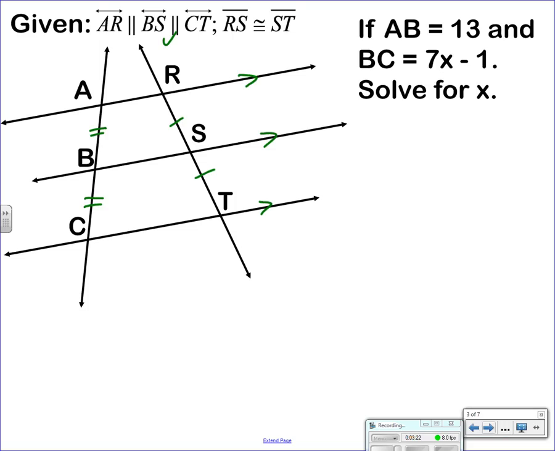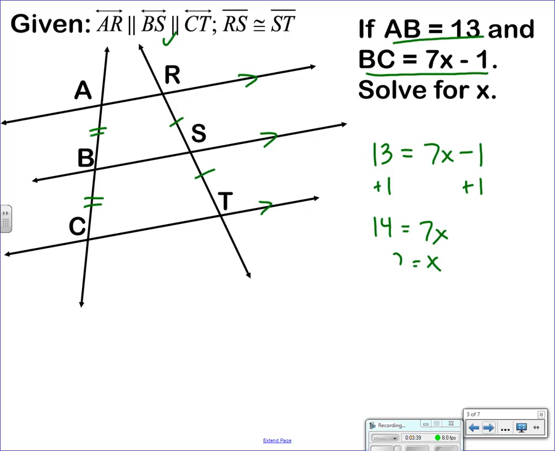So set up an equation. AB is equal to 13, BC is equal to 7x minus 1. So 13 equals 7x minus 1. I add 1 over. We solve for x to get x equal to 2. So that's really how we're going to be utilizing that other theorem in our geometry class.